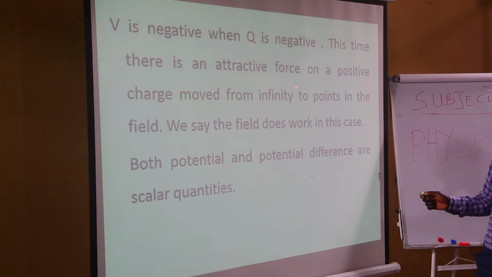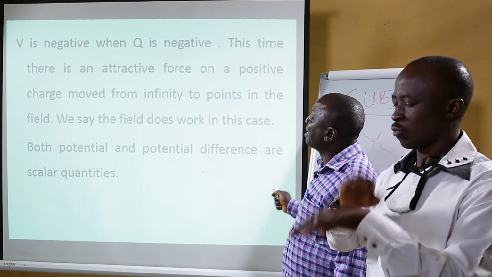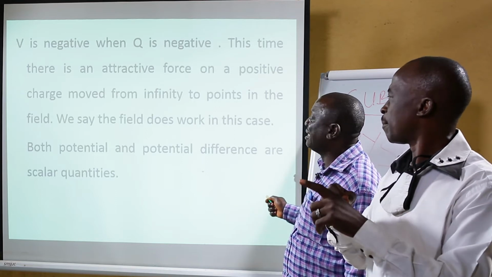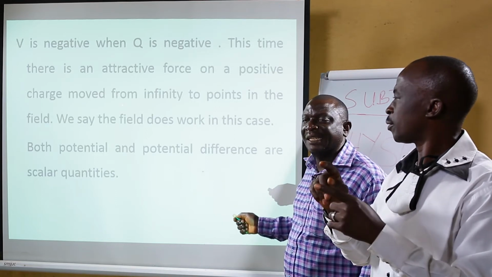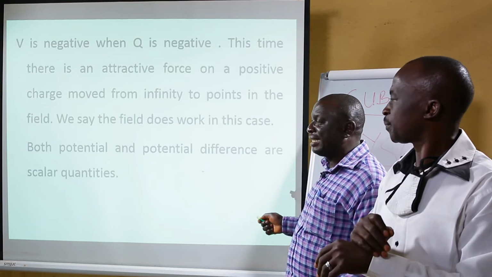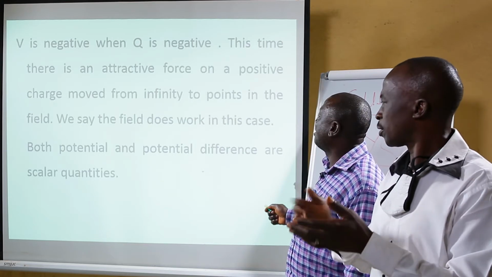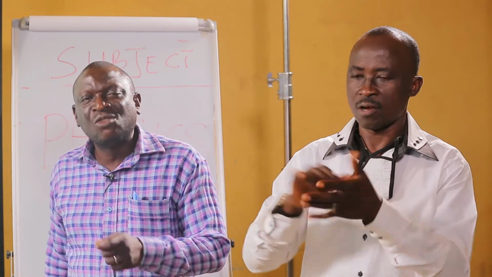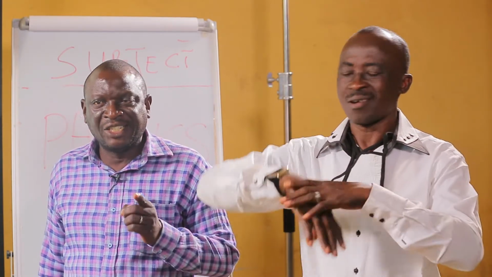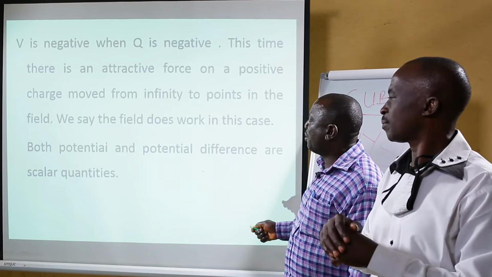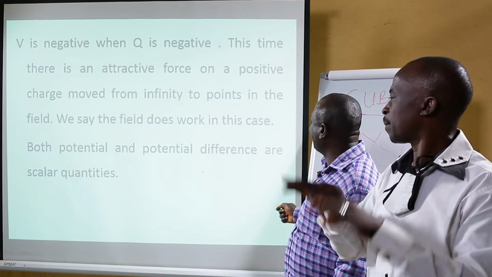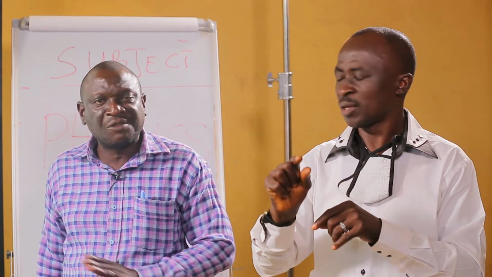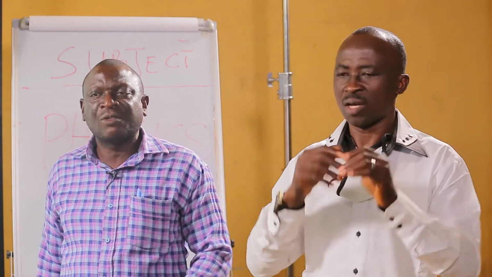This time there is an attractive force on a positive charge moved from infinity to points in the field. We say in this case that the field does work. In this case, it is the field that is doing the work, not an external agent. Both potential and potential difference are scalar quantities, which means they don't have direction. They only have but what? Magnitude.